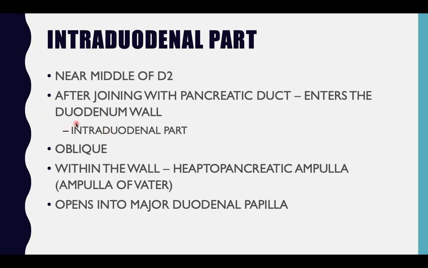Here it's not just the bile duct alone, so along with the pancreatic duct we also have to consider here. The course is oblique. Within the wall it has a particular swollen or enlarged portion called the hepatopancreatic ampulla or the ampulla of Vater. This ampulla of Vater opens into the major duodenal papilla.